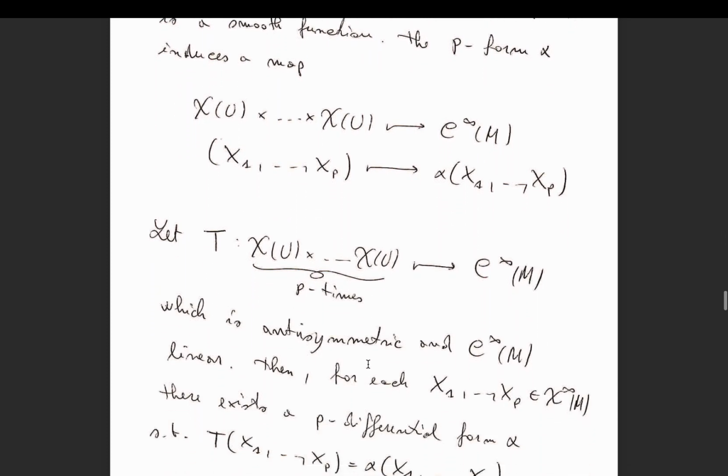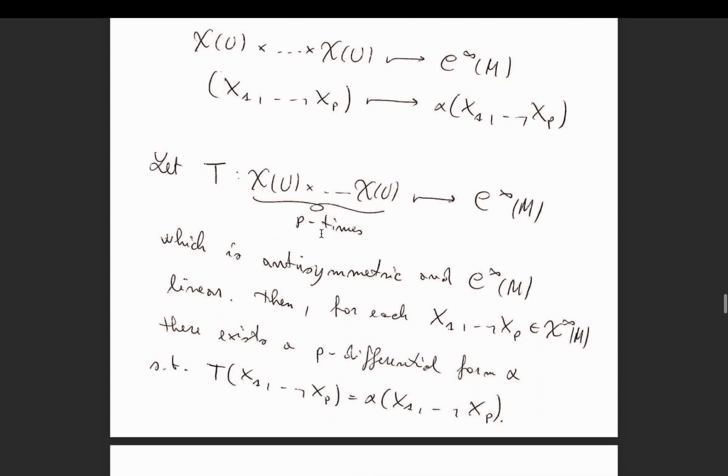Now let T be a map of the type X(M) times ... times X(M), p times, with values in C infinity, such that it is C infinity linear and is also alternating or antisymmetric.